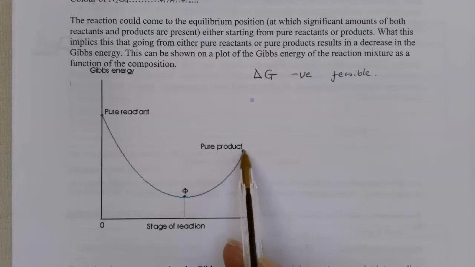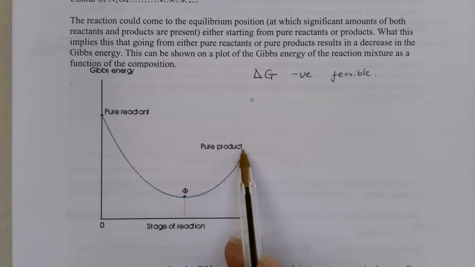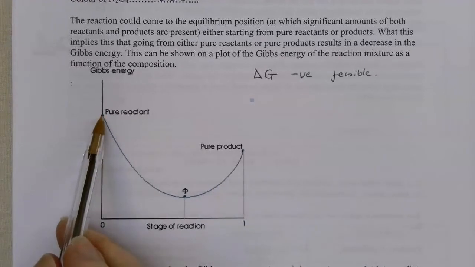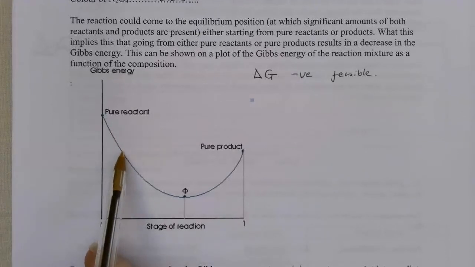You can see that changing composition in this direction is going to give you a negative delta G, because the change from this composition to this composition would be a negative G. Likewise, if I change from pure reactants to some products and some reactants, that again is a negative delta G value.